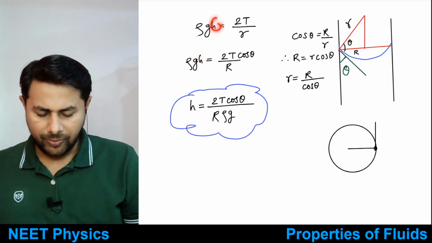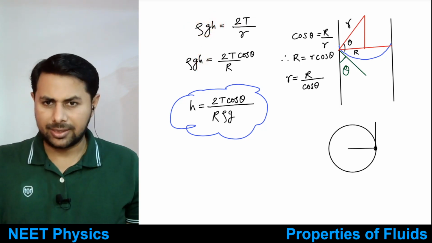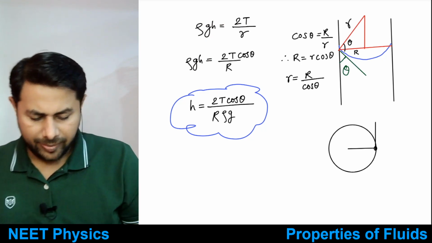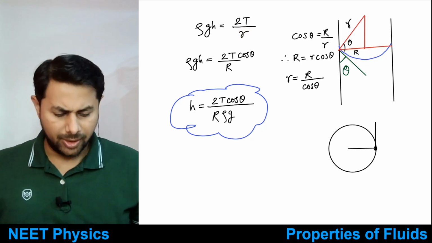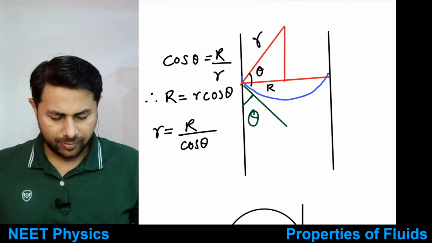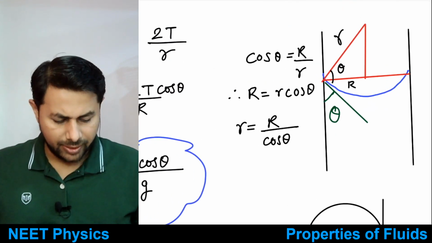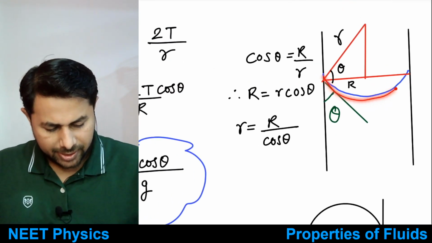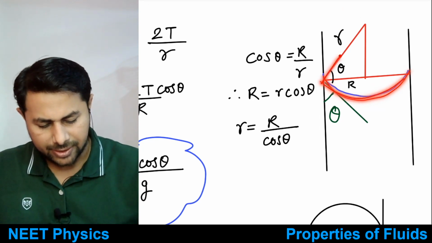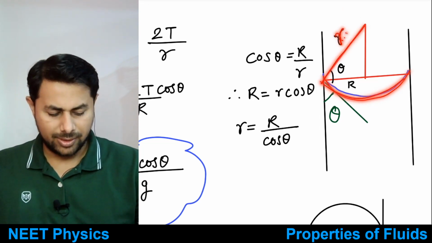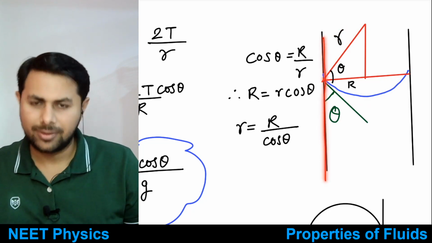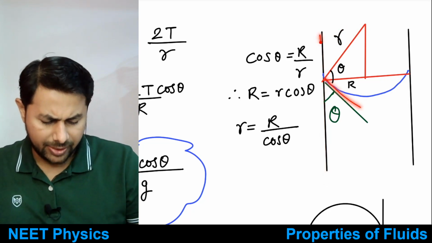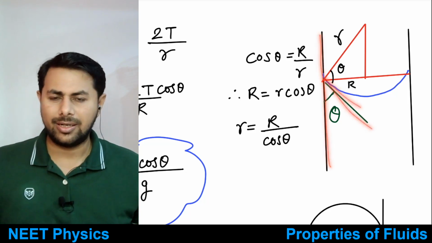So what we can do is move rho G to the other side. But see, this is the radius of the meniscus, and suppose capital R is the radius of the capillary tube. So there is a relation between these two radii. See, this is the meniscus, its radius is small r. The angle between this free surface of liquid and the solid surface is called the angle of contact.